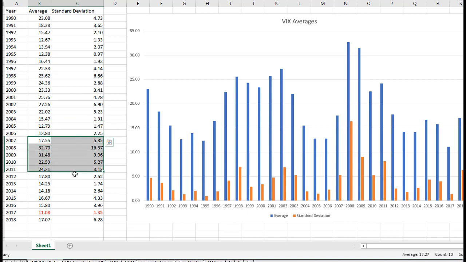But in recent years, we haven't seen that, and we have never seen the combination of a VIX this low and a standard deviation that low. The standard deviation was 0.97, but the VIX was a little higher, and when you get this low, the difference between 12.3 and 11 can be significant enough, and so 11 is really low.